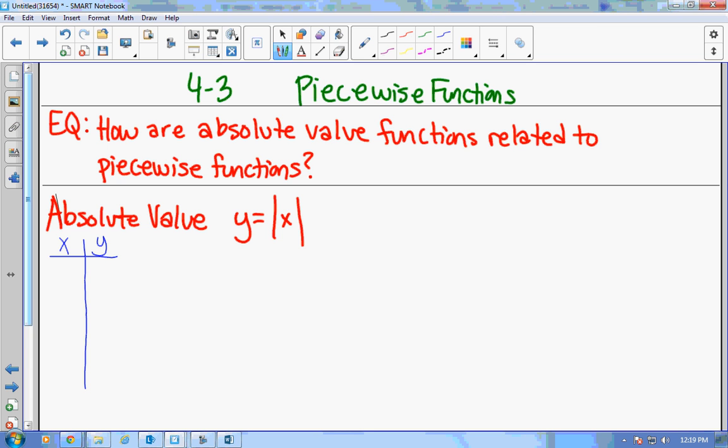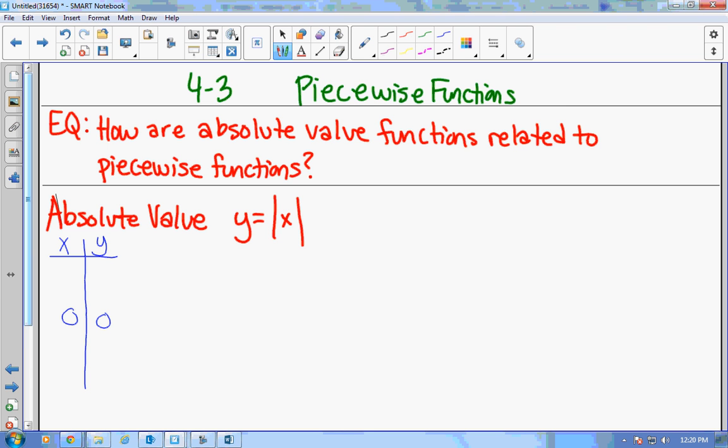What number is inside the absolute value, being added or subtracted to the x? Is there a number next to the x? No, so what number is that? 0. And what number is being added or subtracted outside? 0. So the vertex is 0, 0. So put that in the middle.